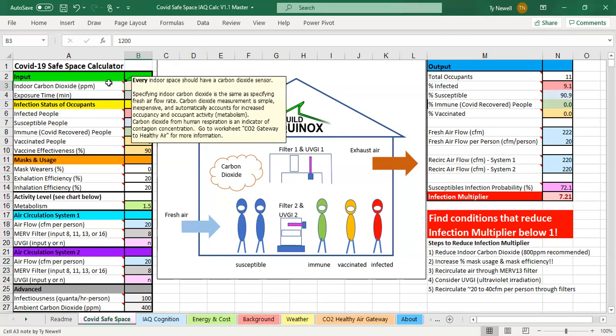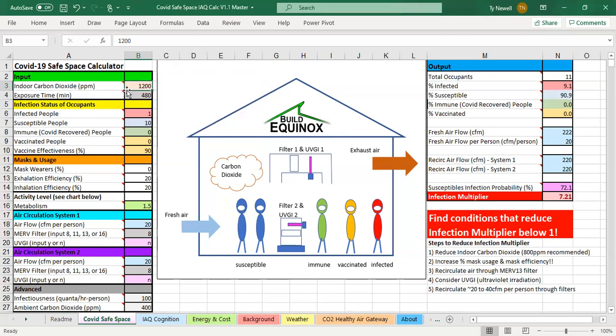As I mentioned, these explanatory notes tell you a bit, but the short YouTube videos on, say, carbon dioxide and on filters give you more background. If I change the carbon dioxide level in that space to 800, it's conveniently measured, and it's inexpensive to measure.